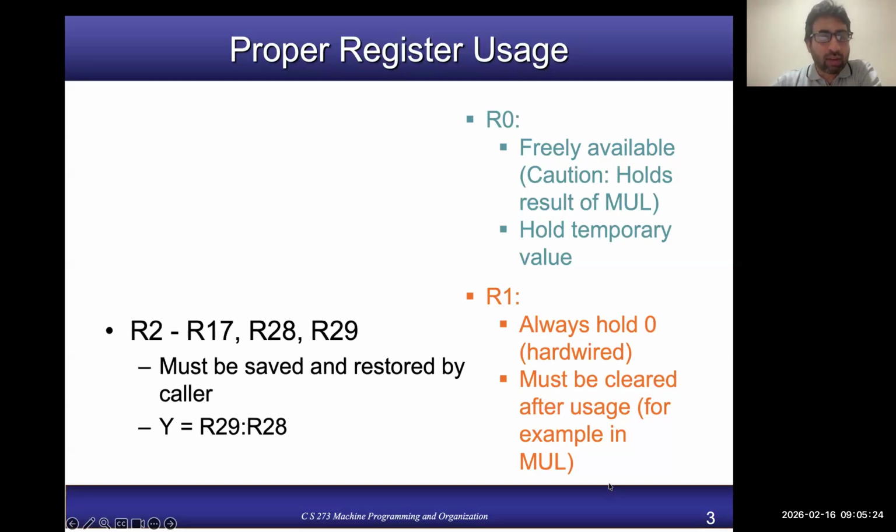Registers R2 to R17 and registers R28 and R29 must be saved and restored by the caller. What does it mean? What do I mean by caller? Remember, if you have done programming in a higher level language, you write functions, right? Let's say you have two functions.